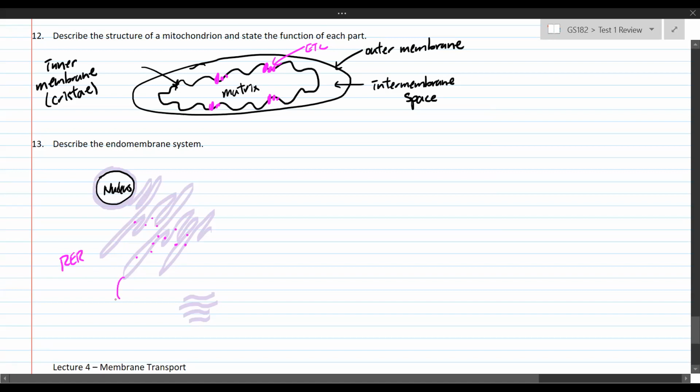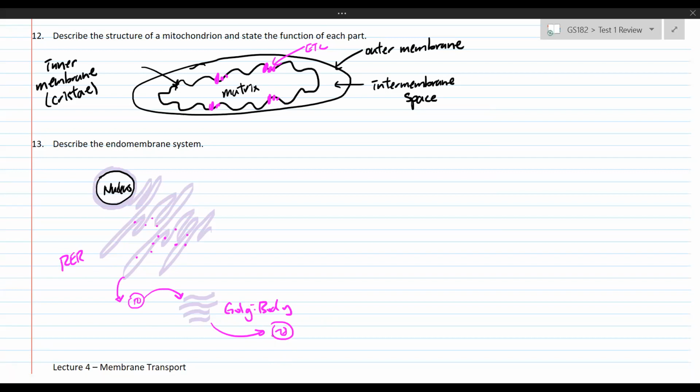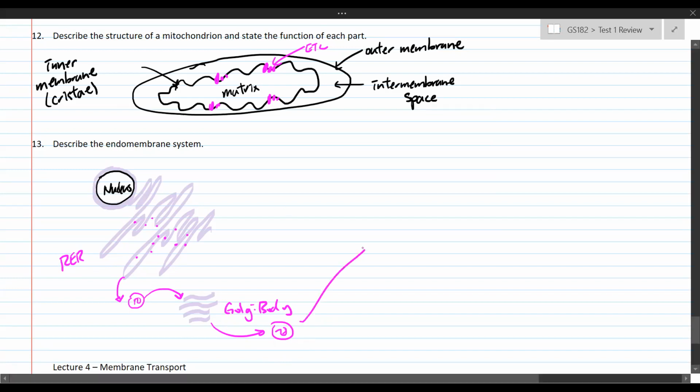It's gonna produce a protein and package it in a vesicle. This goes to the Golgi body, where it will repackage it into a new vesicle, right? It sorts the content, modifies the content, and then it repackages it. And then this can go various places, right?